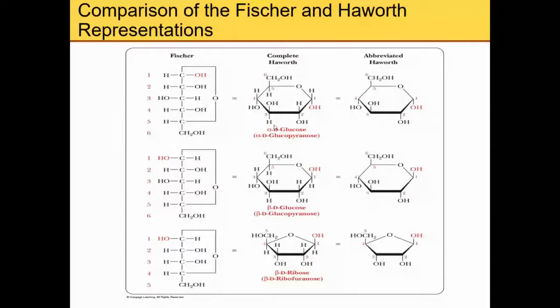And then this is alpha D glucose, okay? It's D because of the hydroxy group here, and alpha is because this hydroxy group here and this CH2OH are on the other side, so it's trans. If this hydroxy group is on the left side and this is also on the left side, it's cis, so it's beta. And then also it's D glucose.